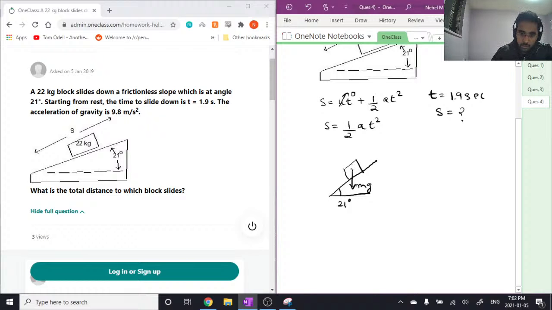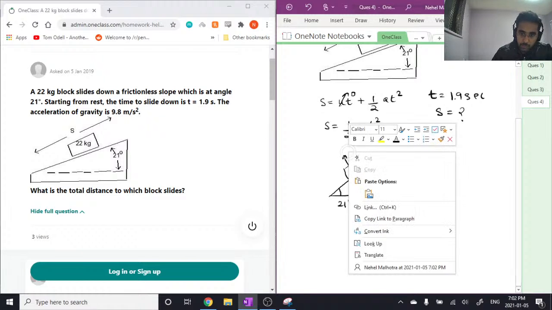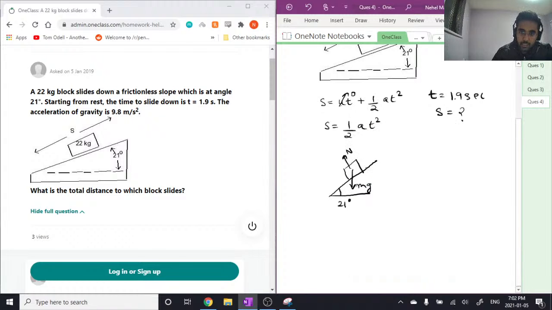There's also a normal force which acts on this, which is from the contact with the surface here, and we can resolve this mg into two components. So we would have the sine component, mg sine of 21 degrees, and we would have the cos component, mg cos of 21 degrees.